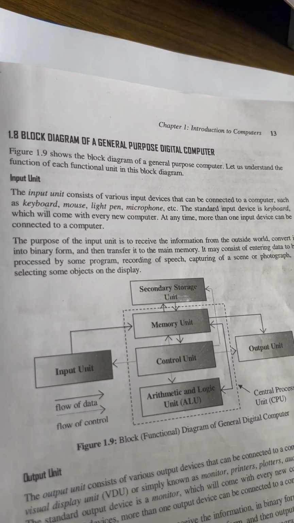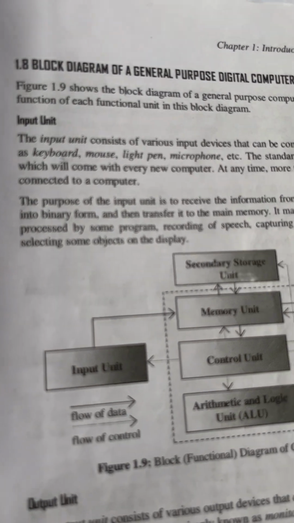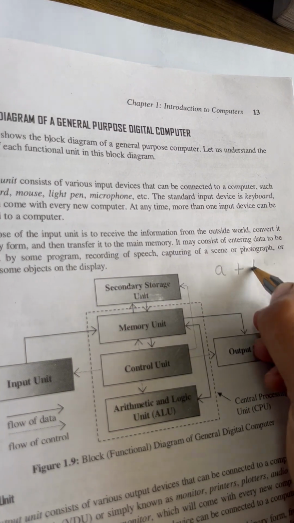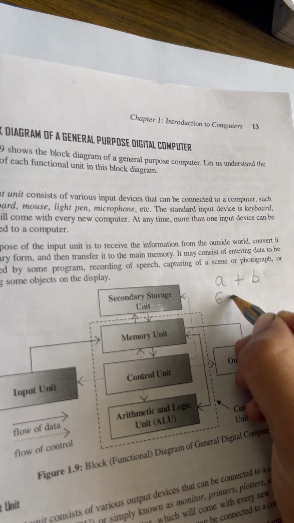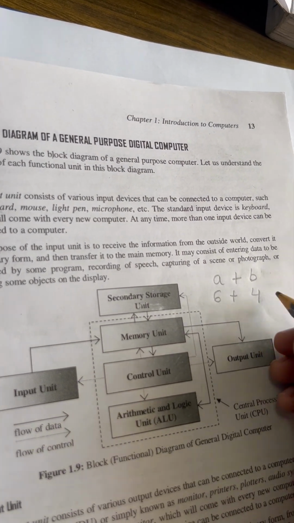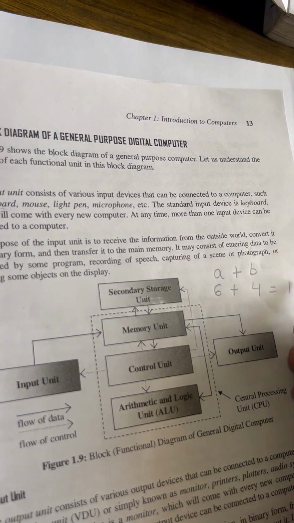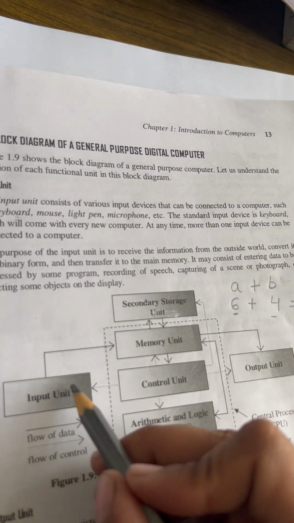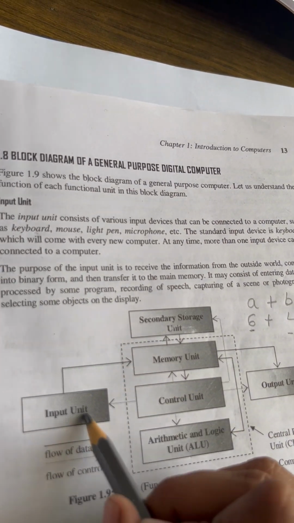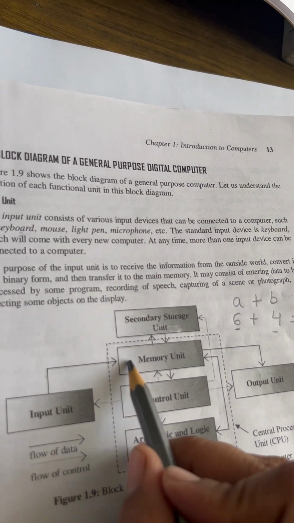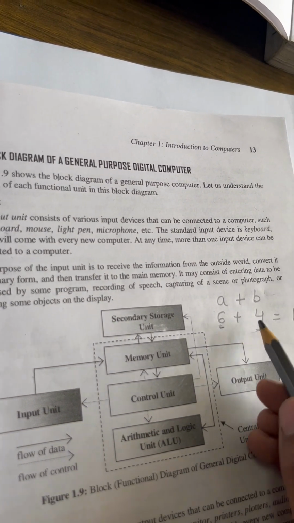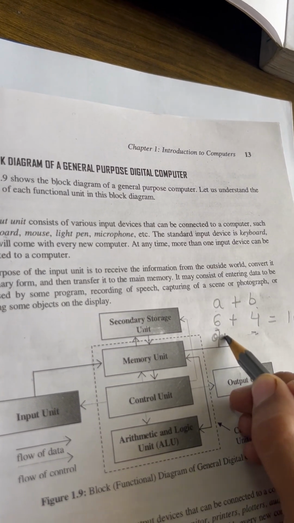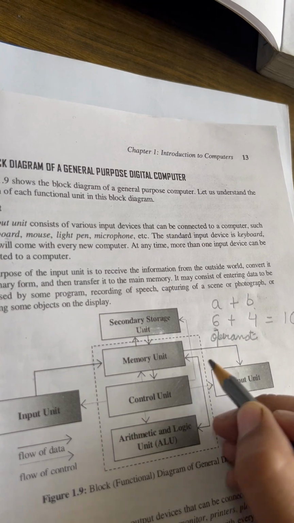Suppose I give you one example. For example, you want to compute A plus B, where A is 6 and B is suppose 4, and the result will be 10, right? These 6 and 4 you will type with the help of a keyboard, right? That keyboard is an input unit. When you press those keys, these operands, 6 and 4 or A or B, are operands.